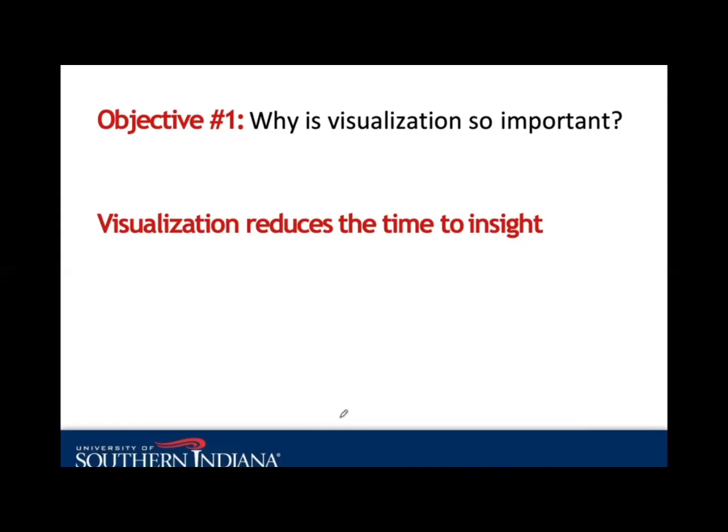This is super important when you have a big data set. If you have ever heard of big data, it can be characterized by something called the 3 Vs. First is the volume.